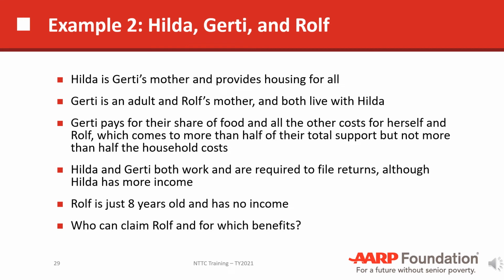Hilda and Gertie both work and are required to file joint returns, although Hilda has more income. Rolf is just 8 years old and has no income. Who can claim Rolf and for which benefits?